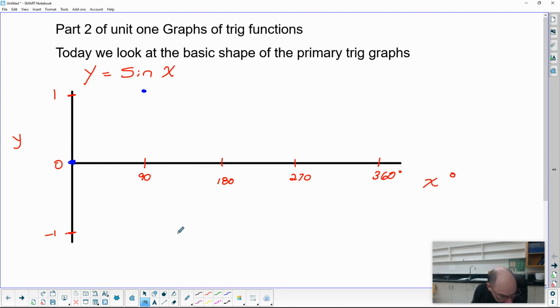We go around to 180, and y is 0 again. Then we look at it and go, oh, 270, it's negative 1. And then back to 0 for 360. So there's the basic sine graph.